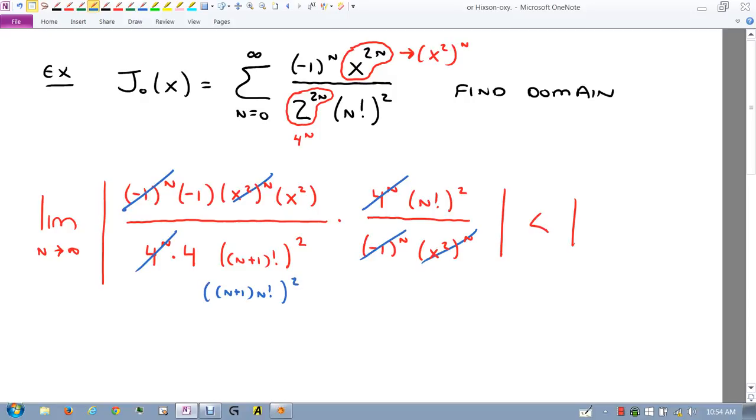That's what n plus 1 factorial means, right? N plus 1 times n factorial. And then couldn't I write that as n plus 1 squared times n factorial squared? Because there's multiplication between these. If I square something with multiplication, I just square each one. So I could do that. And that's great because that would cancel this one and this one, wouldn't it?